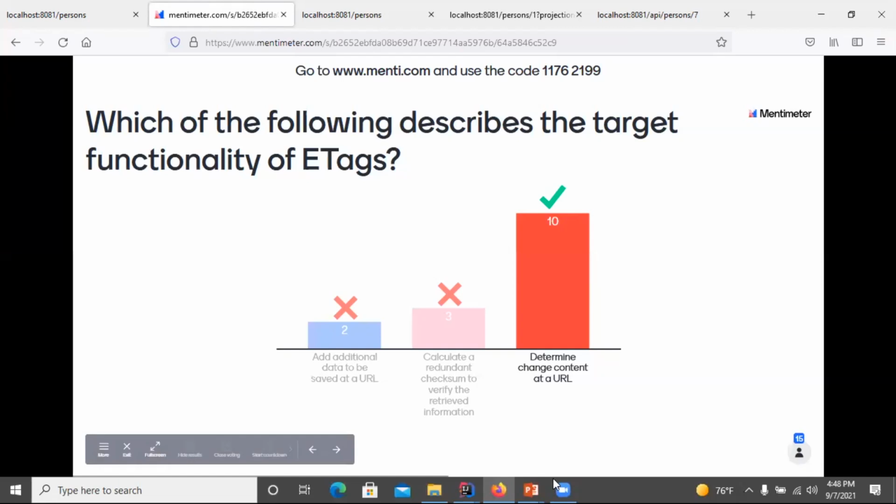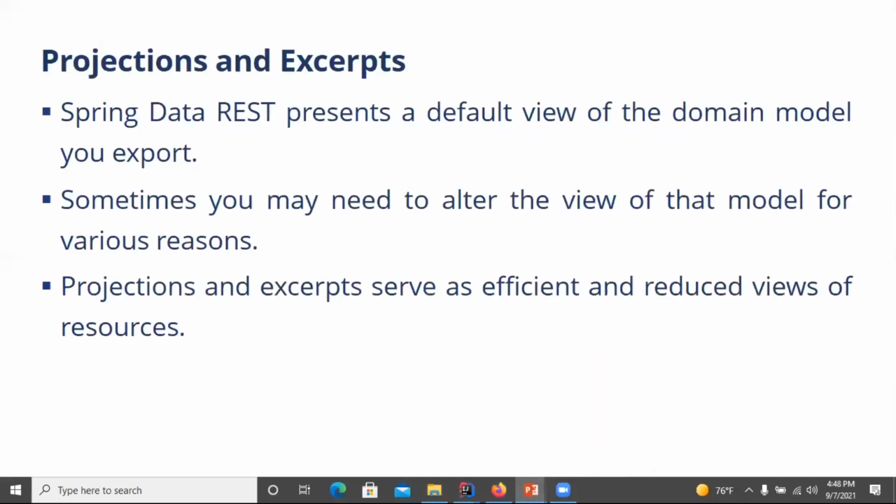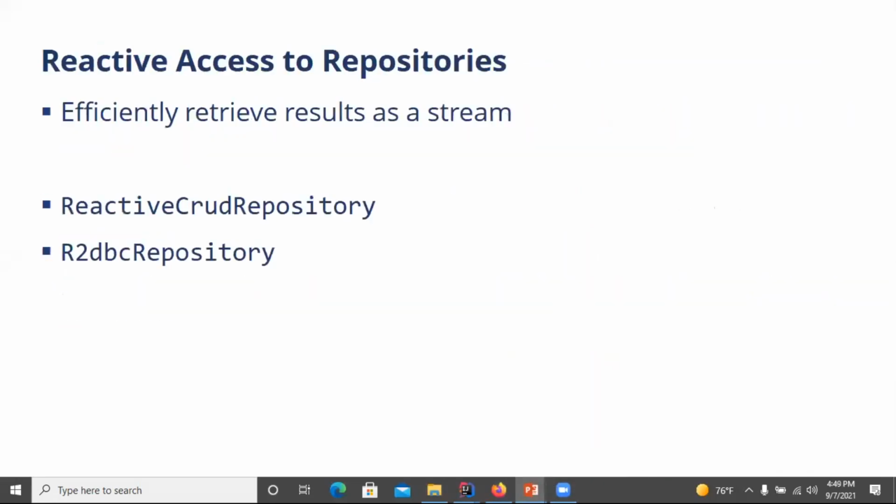Okay, I go back to the presentation. We'll have 2 more questions at the very end. We just want to introduce here something about reactive access to repositories. What is reactive? Reactive means that we are able to efficiently retrieve some results, but as a stream.